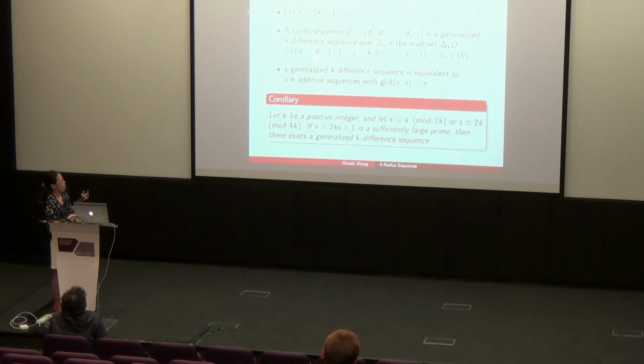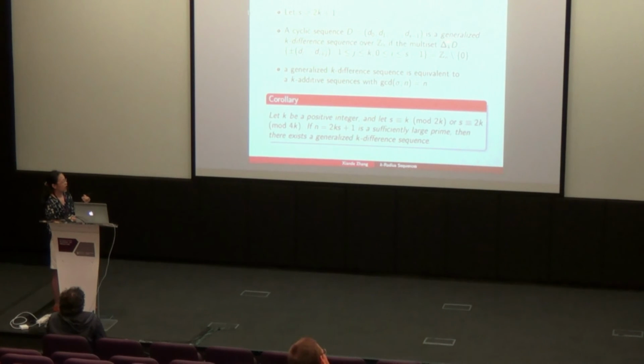It's also a list of differences, but we only care about the differences of 2 elements in this sequence with distance at most k. We check the differences. If this is just Z_n minus 0, we call it the generalized k-difference sequence. So this k-difference sequence is equivalent to the k-additive sequence with the GCD equals n, and so they are equivalent. So we can get this result by the k-additive sequence.